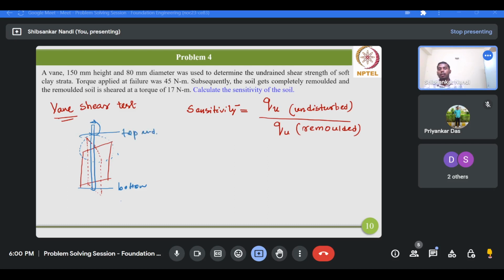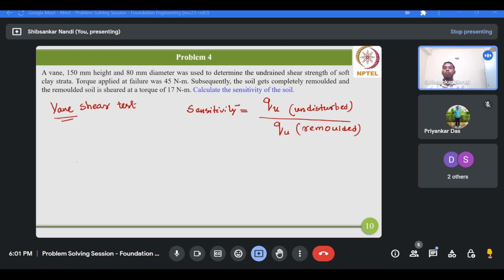In this way the failure will happen when this torque reaches the limit, or when this torque exceeds the resistance of the given soil mass. Okay, so in that way you can determine the undrained cohesion or unconfined compressive strength of the soil sample or the soil deposit.